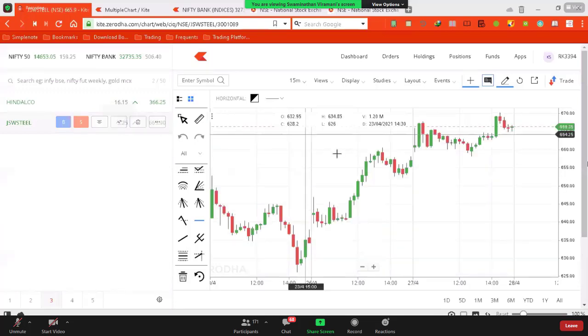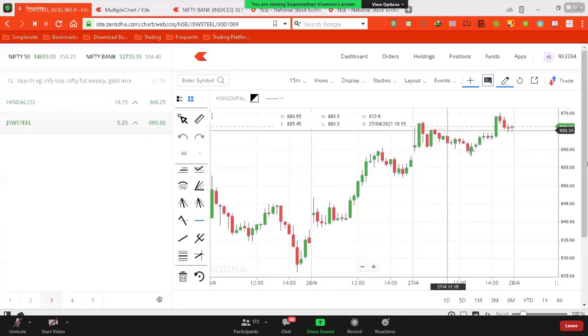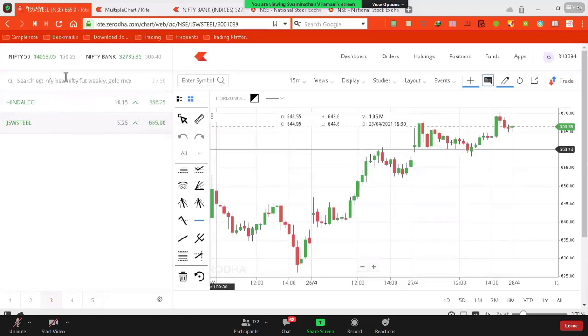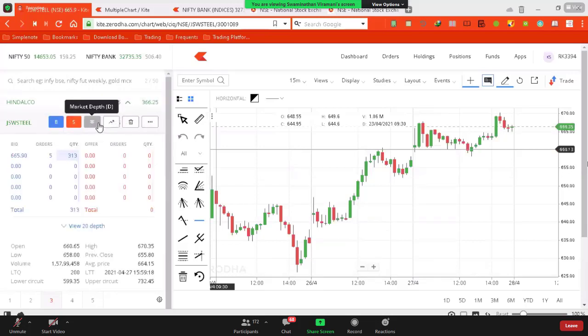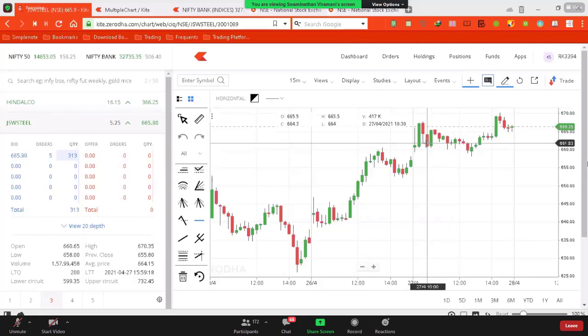What you're looking for is something which moved up and then gave you a pullback and then you got an entry. Now, typically what I do in stock options is I look at the opening price or the price at 945. At 945, my price was somewhere around 667, 664.